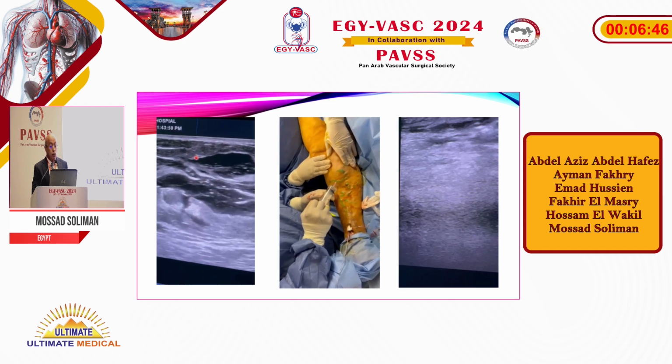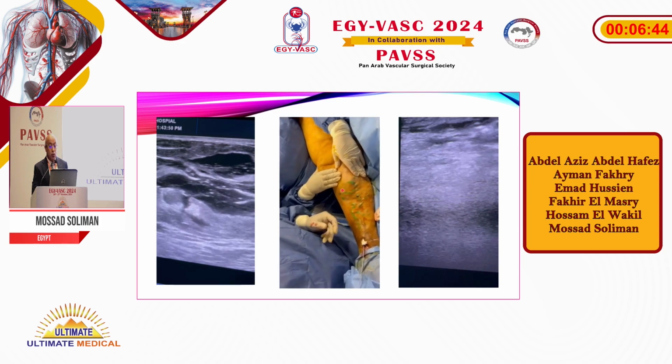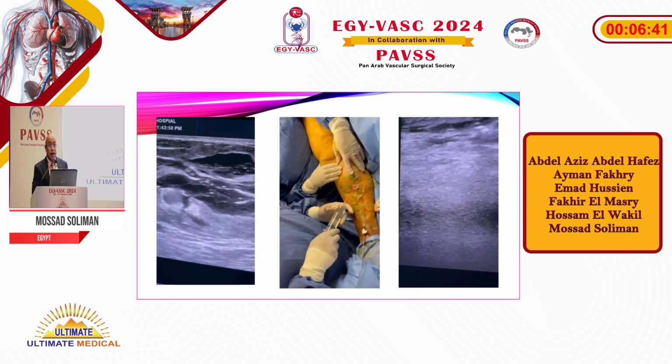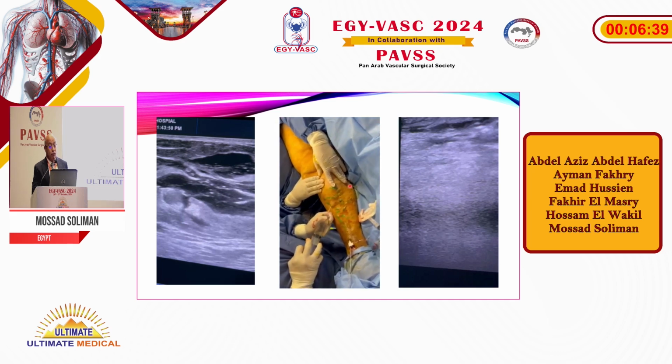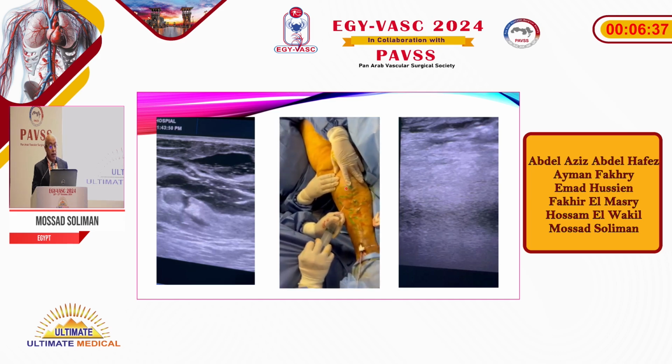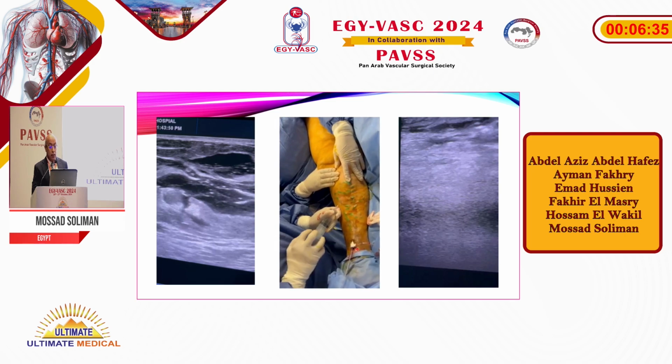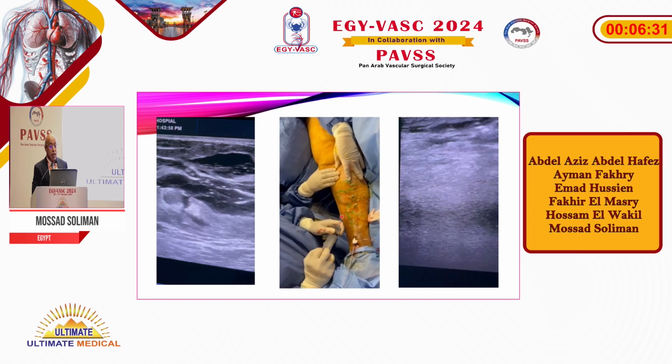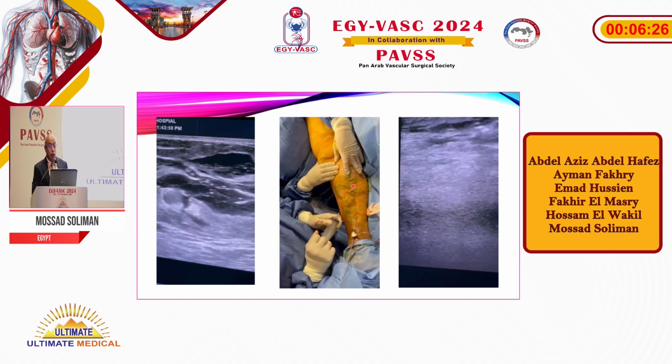While you are doing this, we proceed with tumescence to the site of the ostia of the phlebectasia. You can see my hand here is doing the ablation, and at the same level we are doing this tumescence.